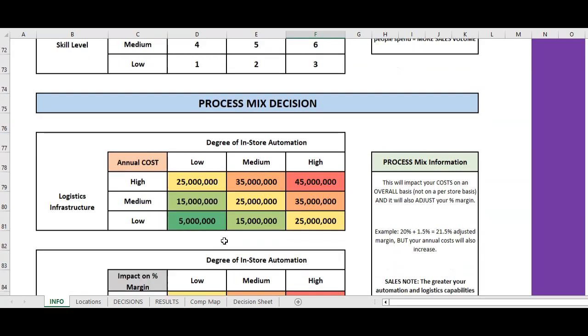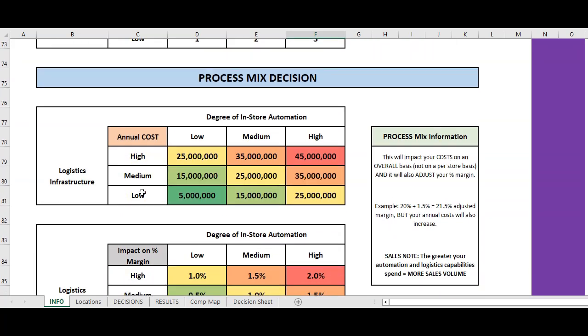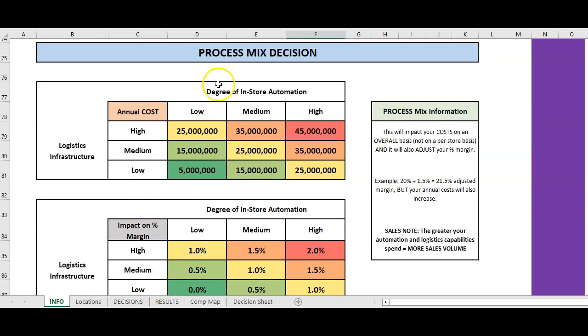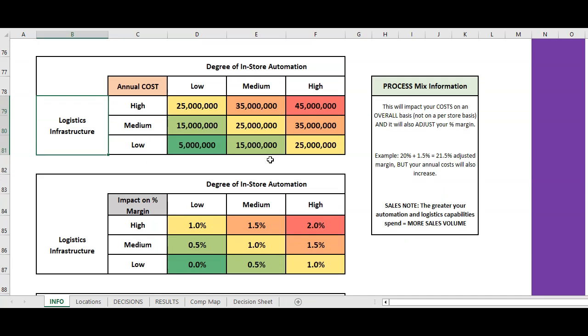Process is slightly different because it affects both cost and our margin. We can automate the store or we can improve our logistics or both. There's a cost of doing that, and this is an overall cost, not on a per store basis, like promotion, but it also improves our margin.